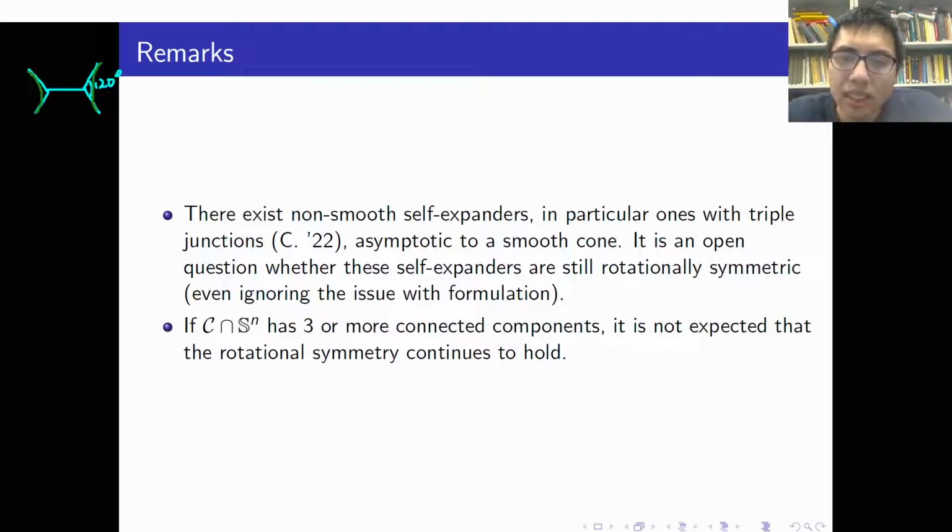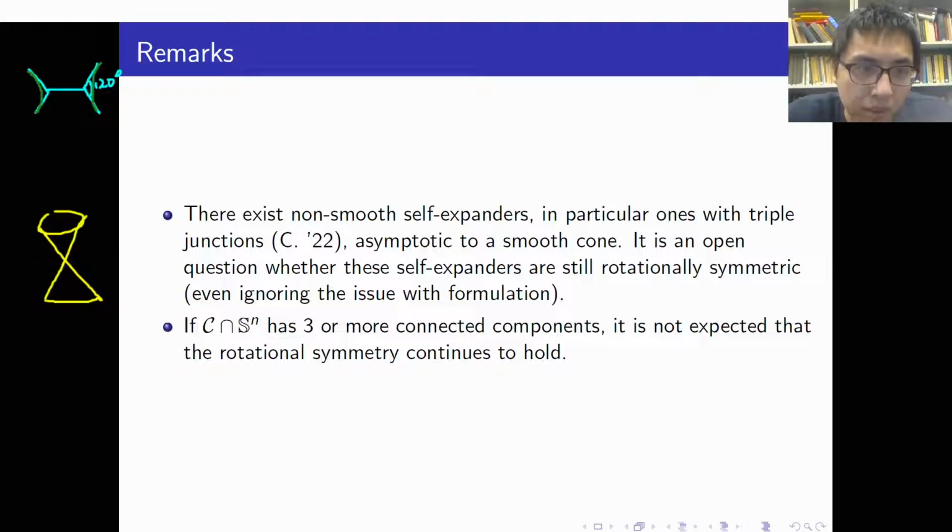Now the other interesting question is what happens if the link of the cone has more than two components, like a triple cone or something. A standard example here would be: you take a double cone, and you take the union with a hyperplane.